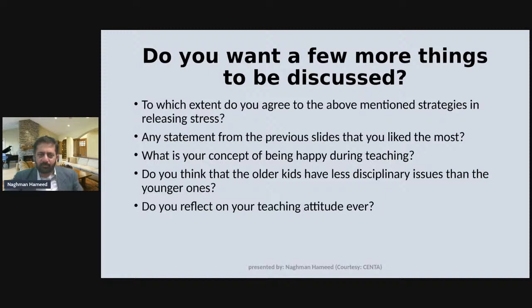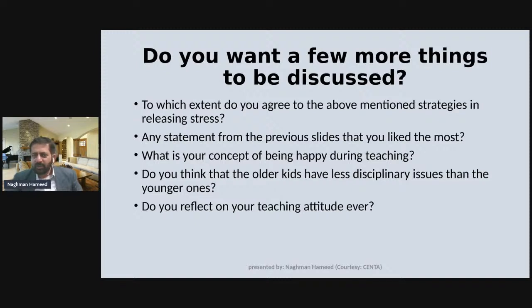Let's see the last one. Do you ever reflect on your teaching attitude? Yes, this is the thing somebody mentioned, and I really like it. Teaching attitude and academic practices are separate things. Academically, we tend to change ourselves, we reflect on ourselves. Actually, we did not do the topics at a certain pace, that's why the result has not been good.